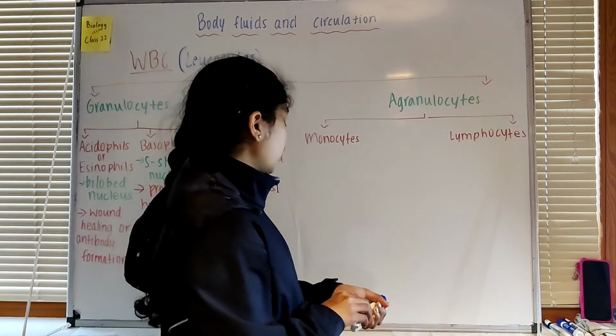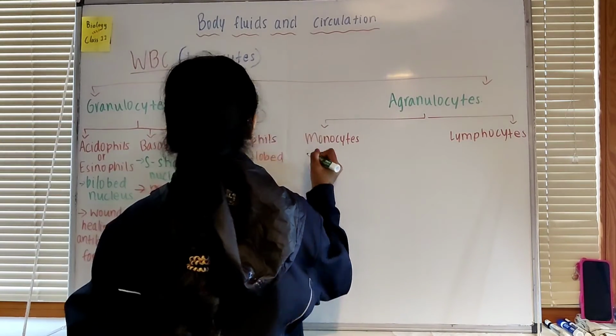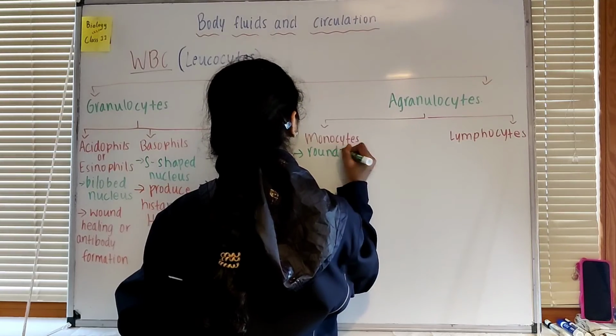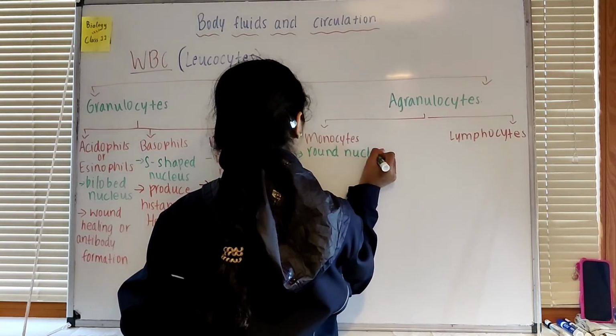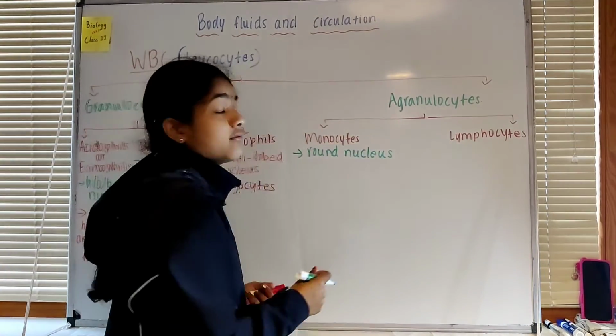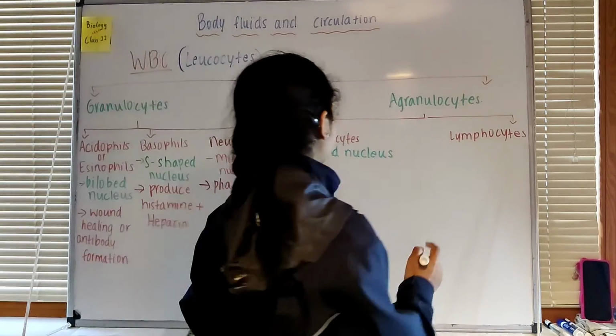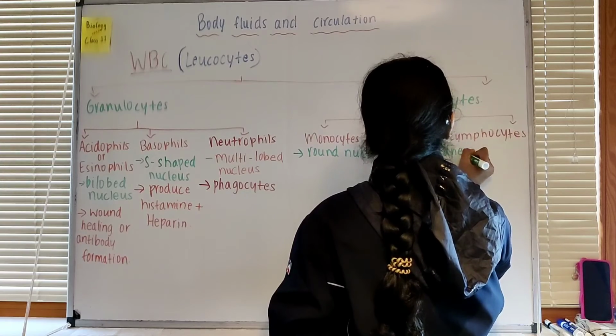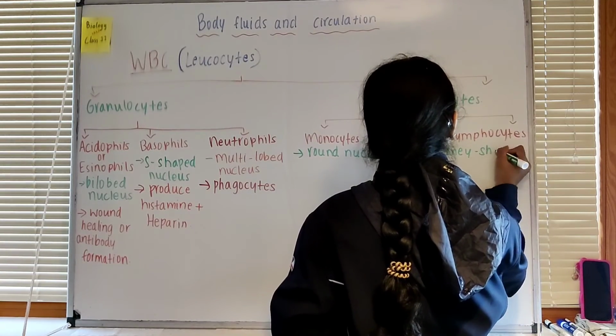Now, the monocytes have a rounded nucleus. They don't have any lobes, just a simple round nucleus. Whereas the lymphocytes have a kidney-shaped nucleus. It looks somewhat like a kidney or a bean-shaped nucleus.